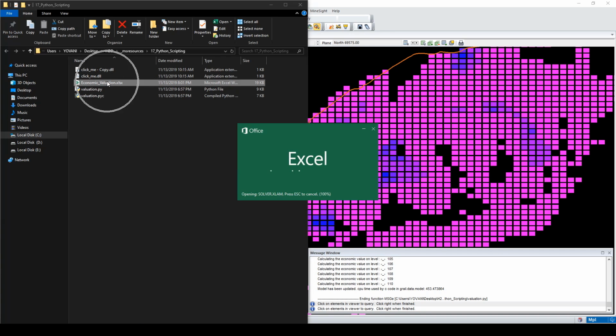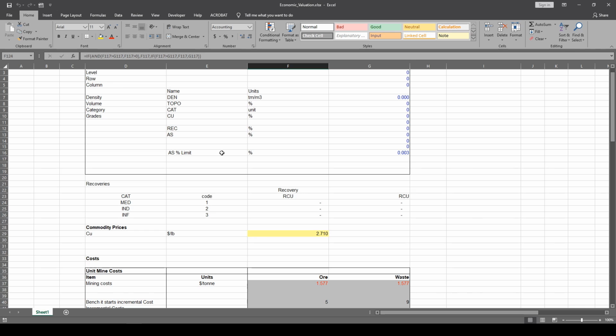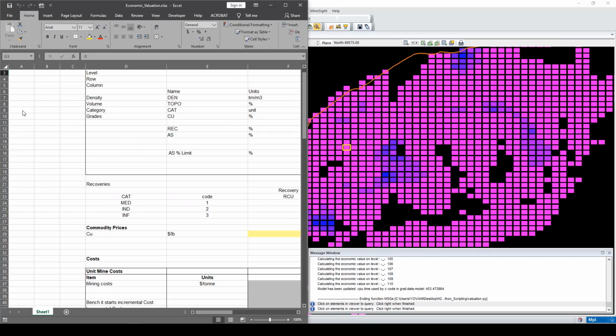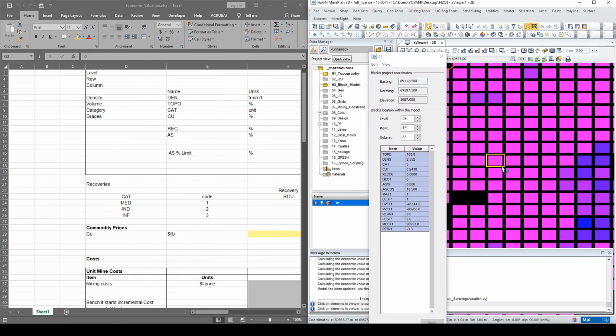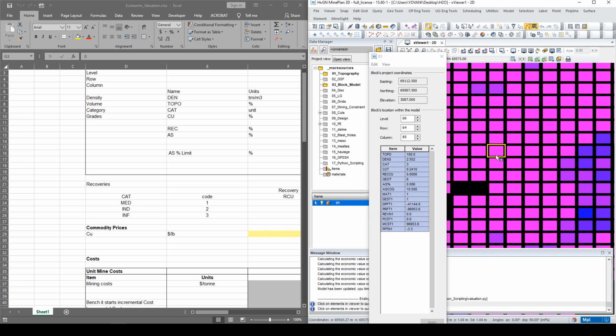Here we have an Excel spreadsheet, going to be pretty helpful. Here we are going to copy all the values from our block model and check if we get the same outcomes. Okay, let's put it right here, and let's carry one block, for example this one.